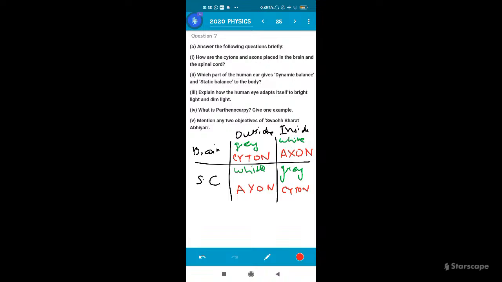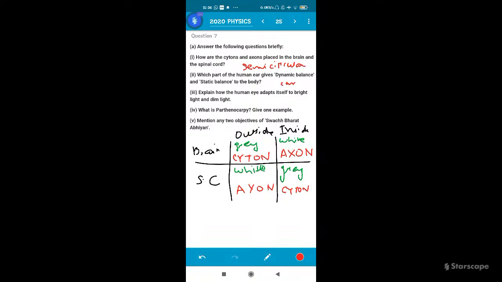A very common question. Okay, now your next question is, which part of the human ear gives dynamic balance and static balance to the body? So dynamic balance means the balance which is present in our body when we are moving, and static balance means the balance which is present in our body when we are at rest, when we are not moving. So dynamic balance is provided to us by the semicircular canals. It is from the chapter sense organs.